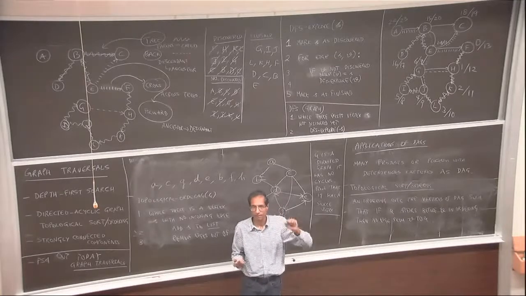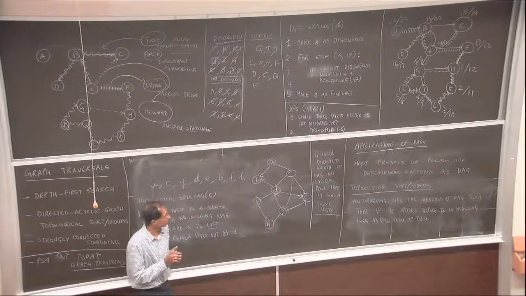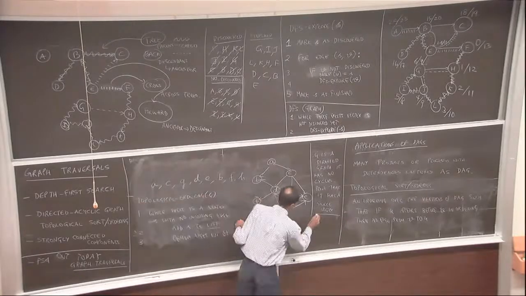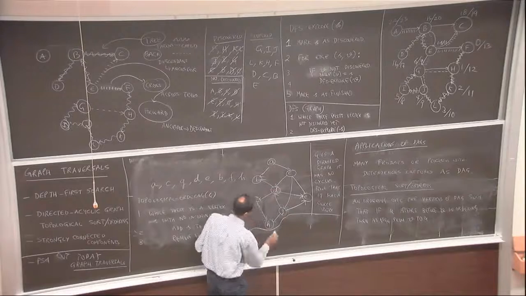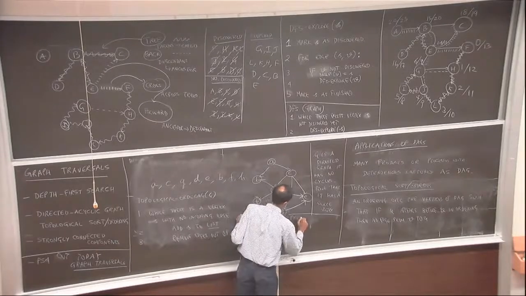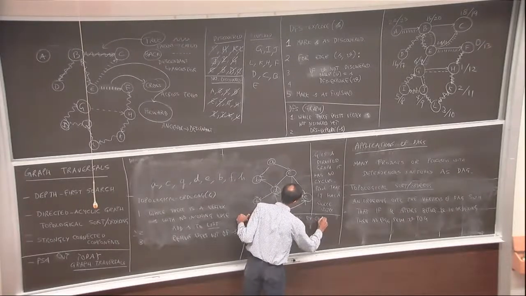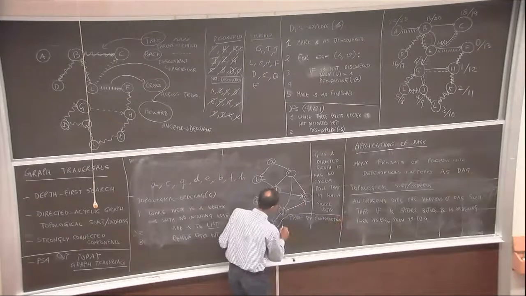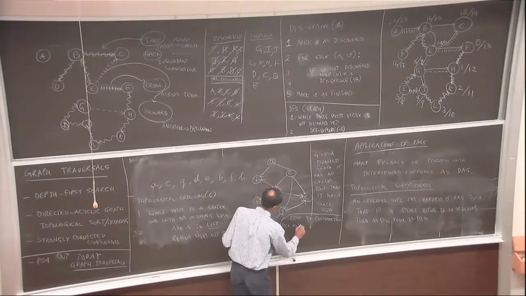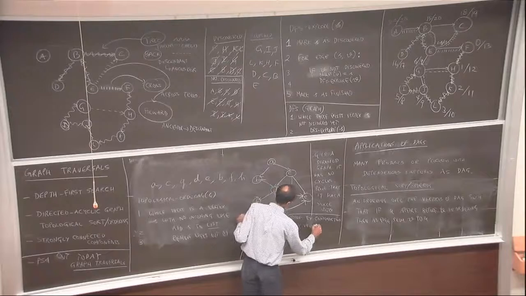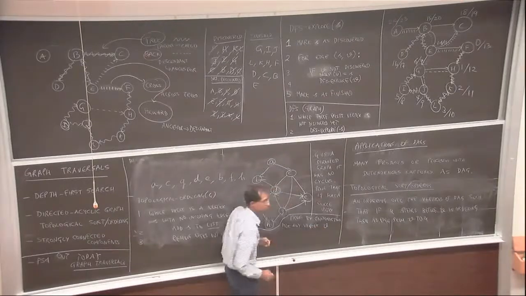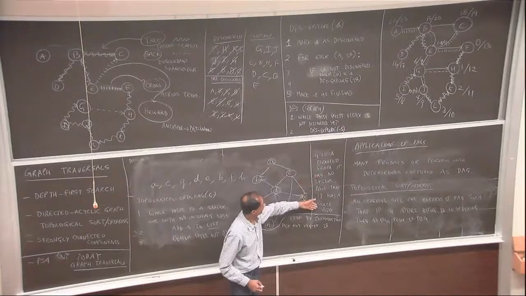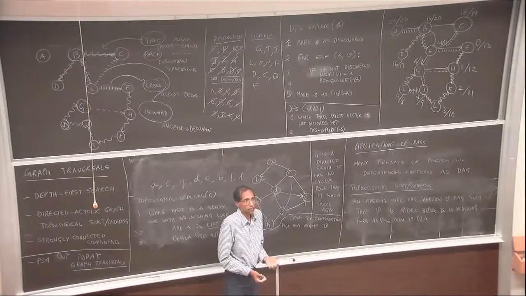Is that clear? So the proof is by contradiction. Pick any vertex V. If it has no source vertex, then there must be at least one incoming edge.